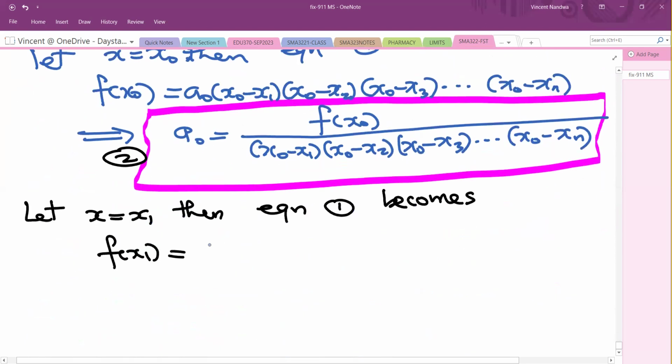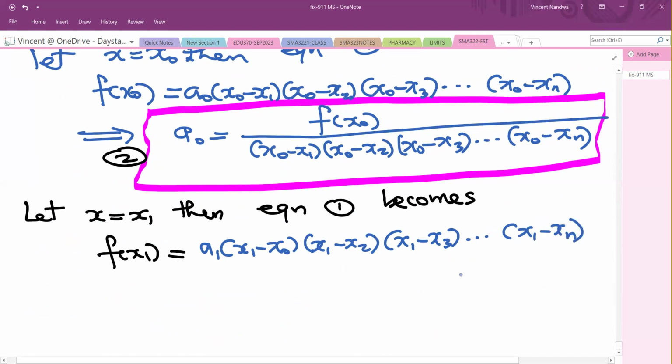So we'll have a1 into x1 minus x0, x1 minus x2, x1 minus x3, up to x1 minus xn.